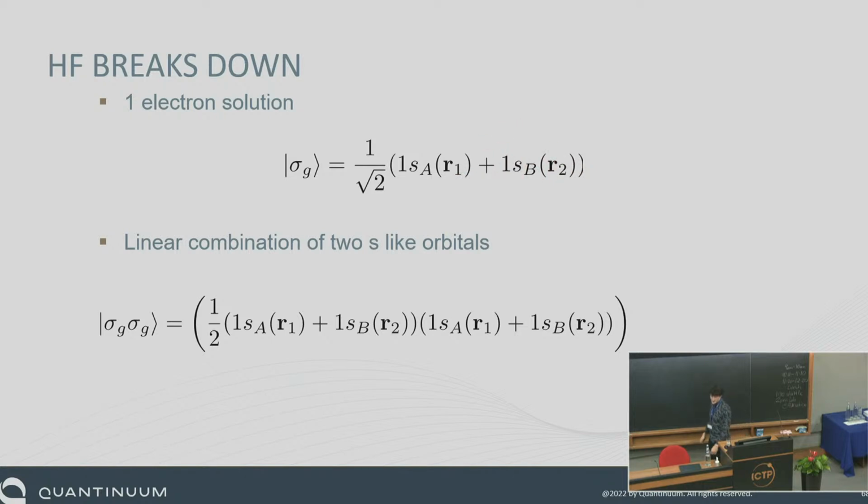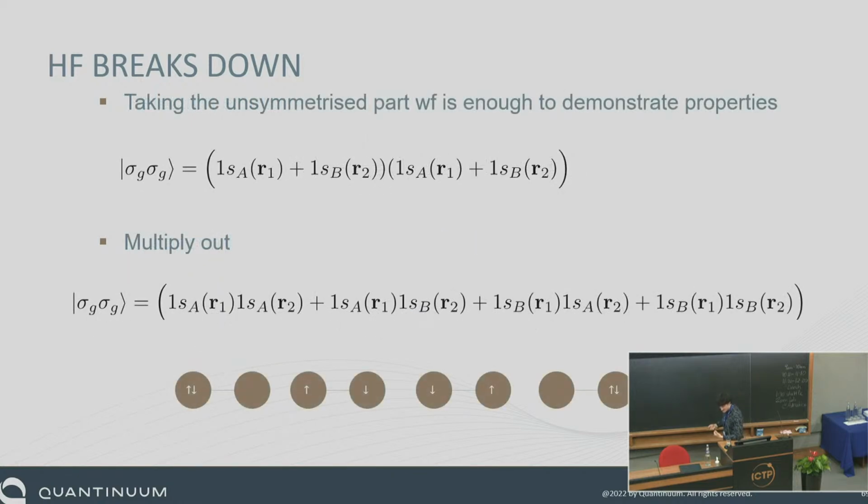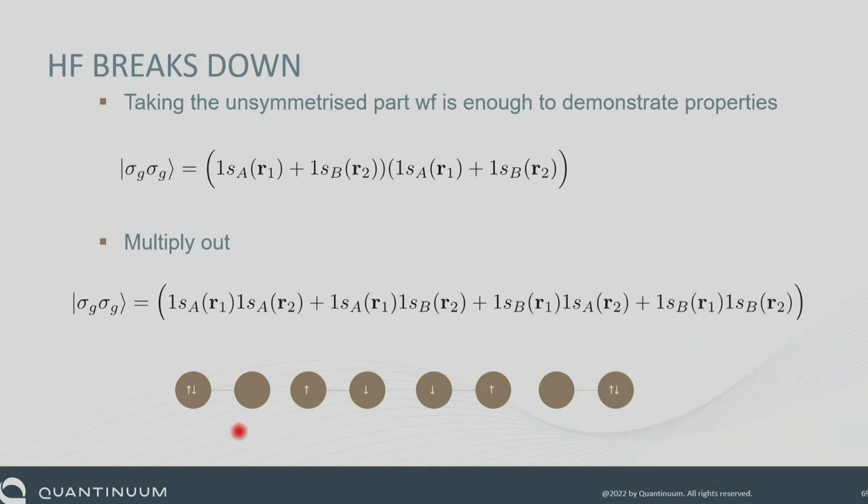Now, if we roughly multiply the two things together, we get this product, which is just a quadratic expansion. But when you multiply this out you get 4 cross terms. These are: both electrons on one atom, both electrons shared, both electrons shared, and both electrons on the other atom.